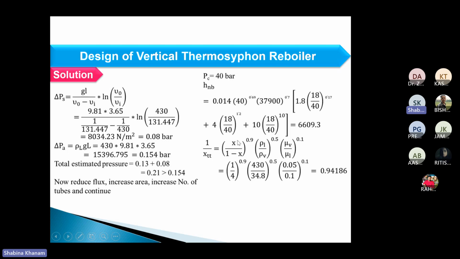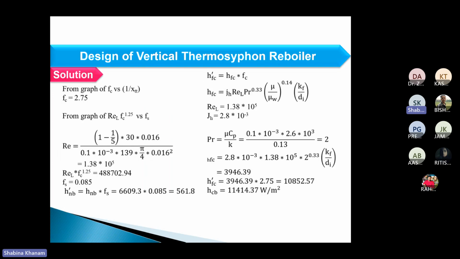Here x belongs to the vapor. So vapor is 1 part and liquid is 4 parts, so 1 by 4 you can consider over here. All these parameters are already given, so 1 by Xtt you can find out as 0.94.